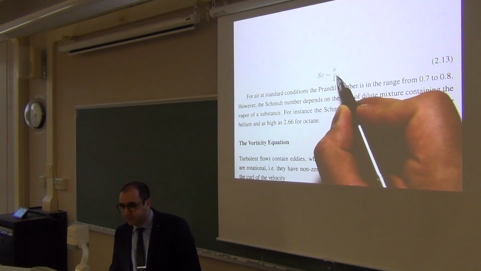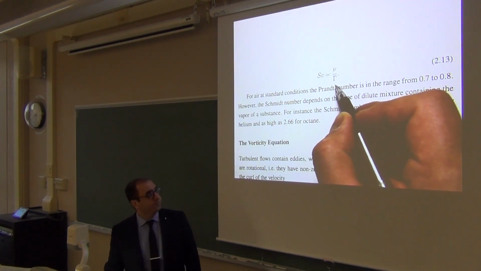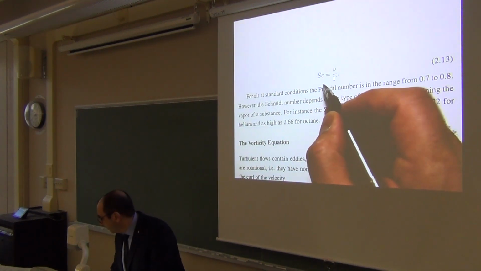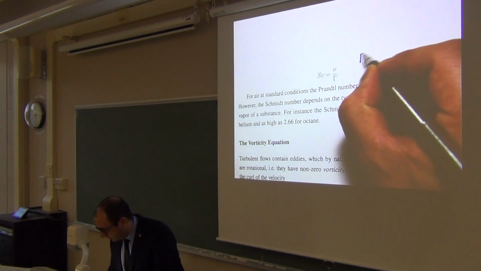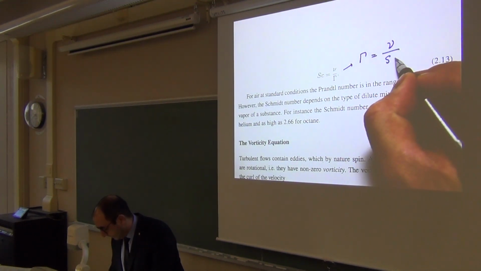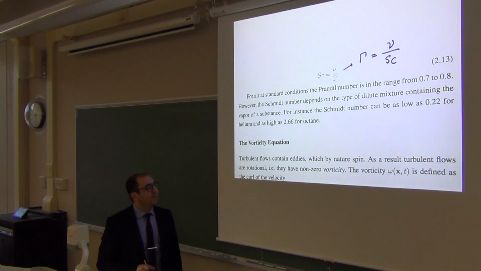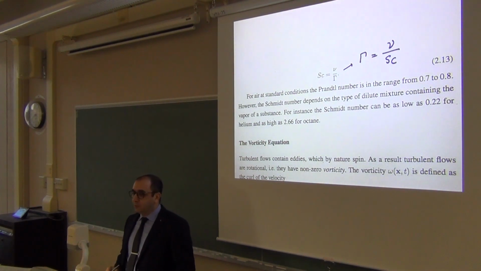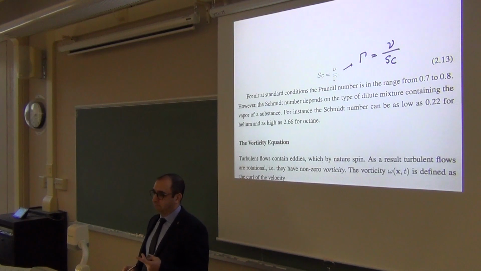And then the ratio of kinematic viscosity to this molecular diffusivity is the Schmidt number. Or alternatively, if you have the Schmidt number, you can calculate the molecular diffusivity. If you do the type of work that I do, these two numbers come up all the time. Schmidt number and Prandtl number, all the time.